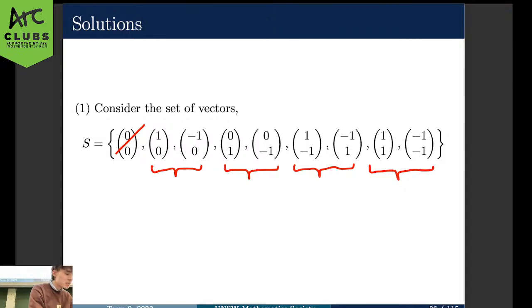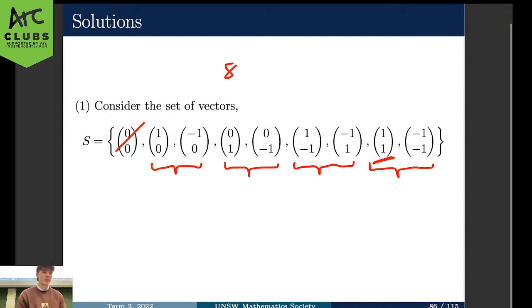So there are 8 choices for the first vector. Say I choose any random vector in this set of 8 vectors, for example, the vector 1, 1, right? Now, the only 2 choices that would result in a linearly dependent pair is if I picked 1, 1 again, or -1, -1. Every other vector will be linearly independent with the vector 1, 1.